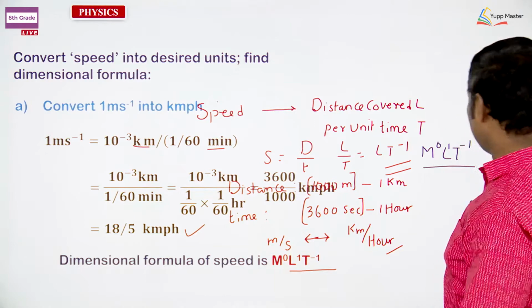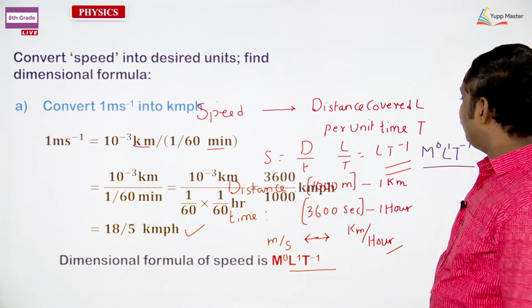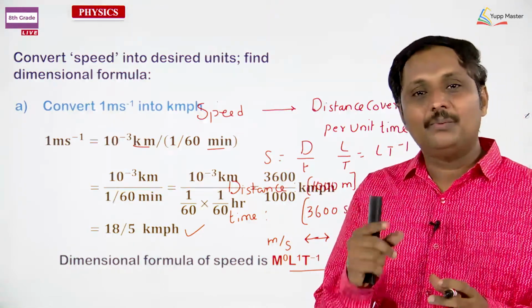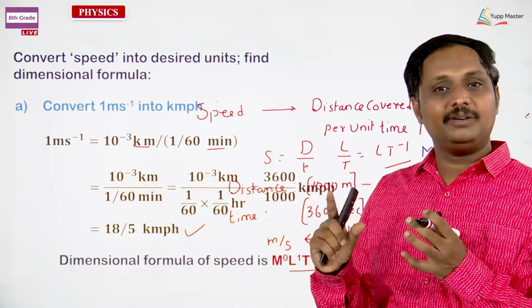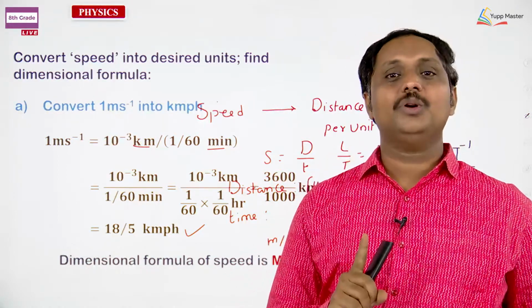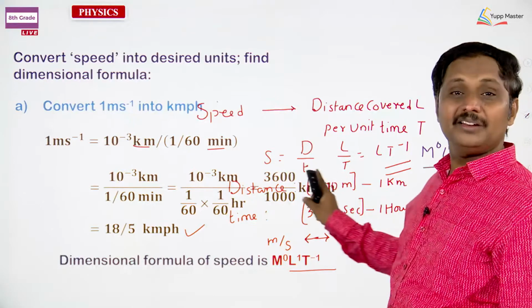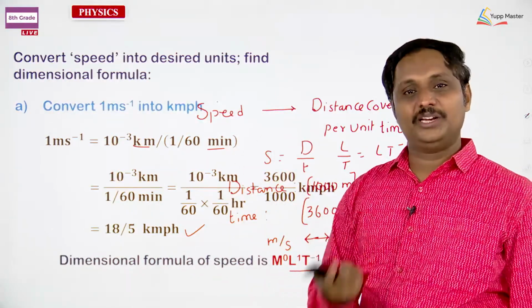This is the dimensional formula, please see that. You take one system of unit and the relation in another system of unit, express the magnitude, and finally you can convert, like kilometer, meter, hours, seconds.